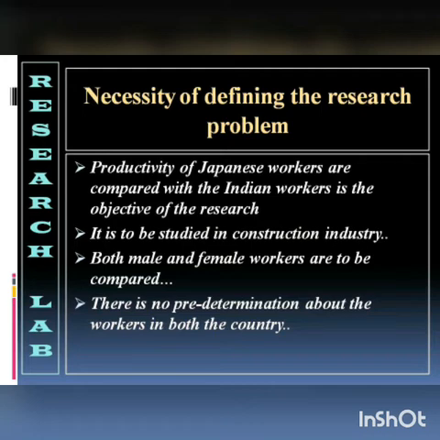So, in this research problem statement, the statement is very clearly defined, and the researcher himself has clarity in his mind that he has to measure the performance of the workers of both Japan and India in the construction industry.